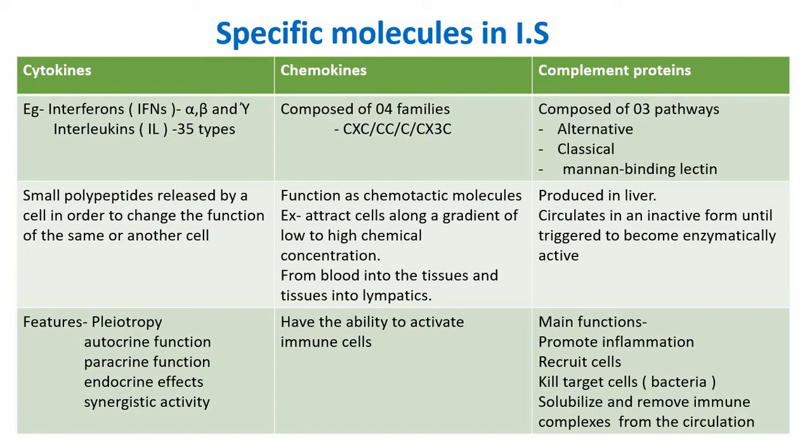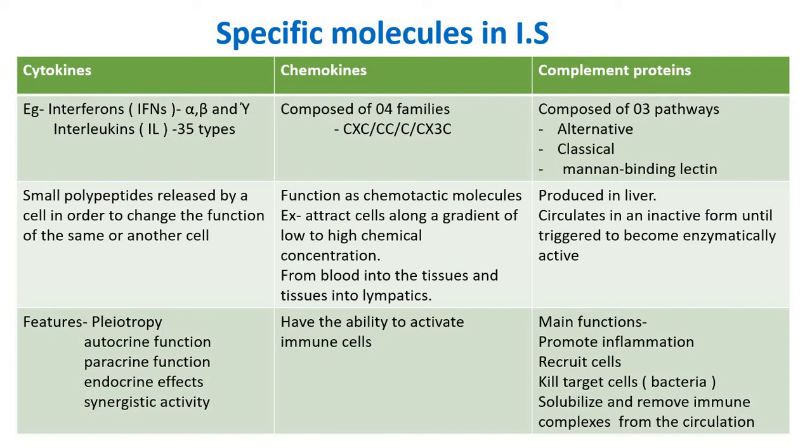Complement proteins are very specific molecules with regard to the immune system. These complement proteins act as a cascade of events, and this cascade is initiated via three distinct pathways: alternative, classical, and mannan-binding lectin.